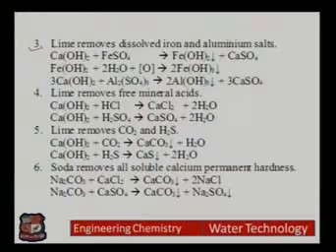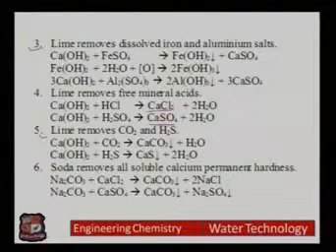Lime is a base and these mineral acids react with it and get converted into salts like CaCl2 and CaSO4, which later get converted into insoluble salt by reaction with soda. Lime also removes carbon dioxide and H2S.